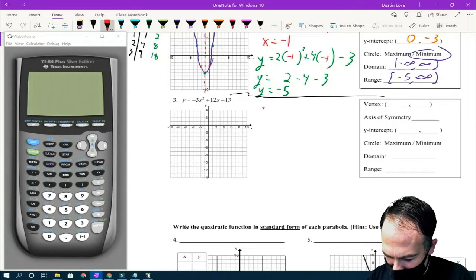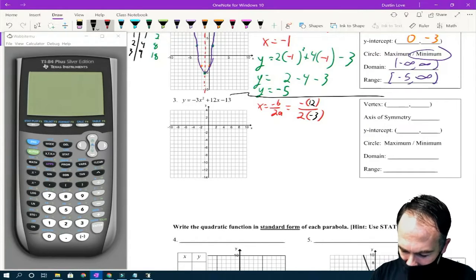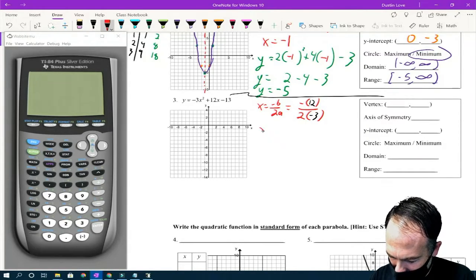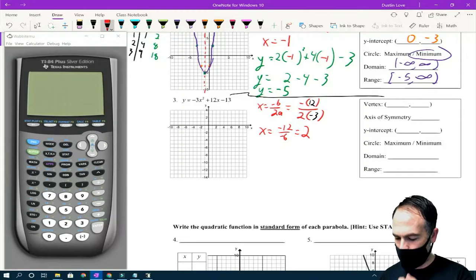Number 3, axis of symmetry. X equals -b over 2a. B is 12. A is -3. Simplify that down, we get -12 over -6, which is +2.